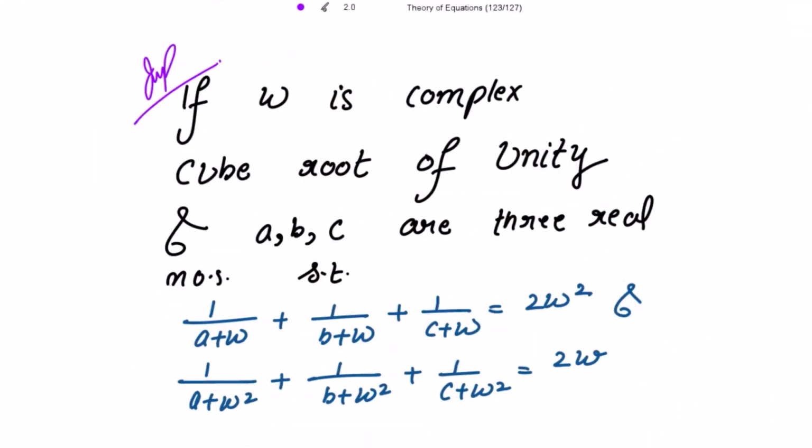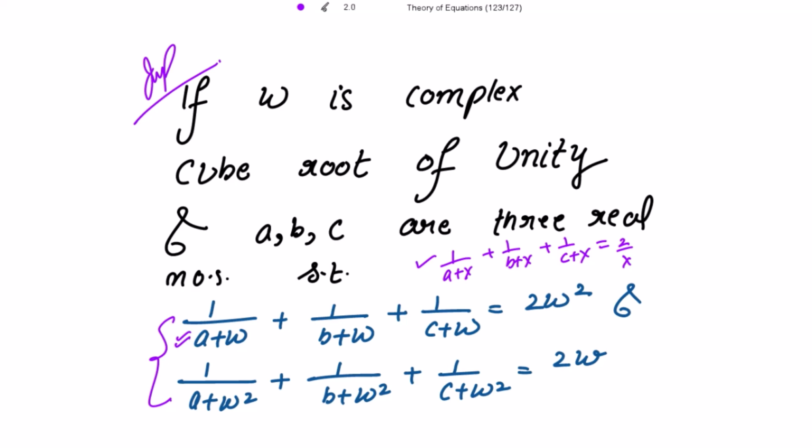Omega is a complex cube root of unity and a, b, c are three real numbers such that what we notice here is that we are putting the value of omega and omega square in 1 divided by a plus x plus 1 divided by b plus x plus 1 divided by c plus x equal to 2 divided by x. If I put omega here, I get the first equation.